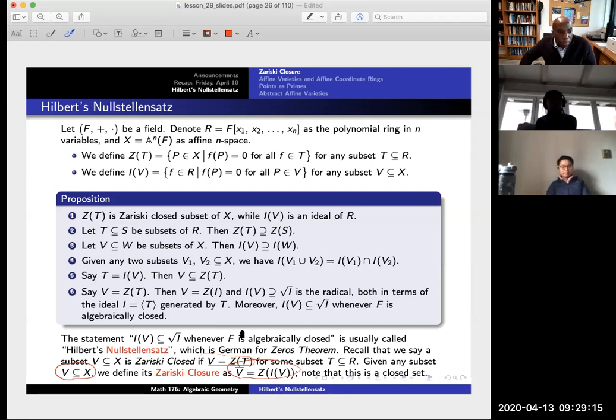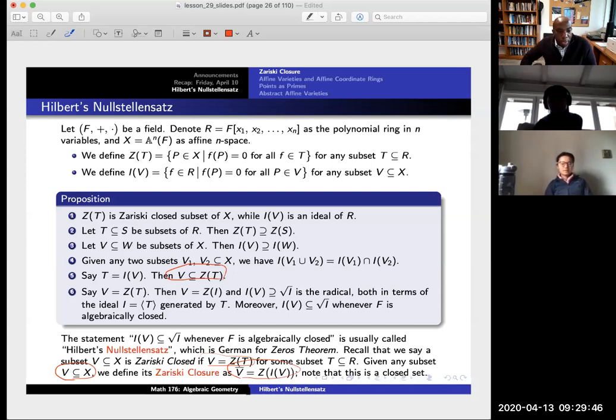So I want to bring your attention here to statement 5. This says that if I let T be I(V), then V is always contained in Z(I(V)). So the Zariski closure really is literally the smallest Zariski closed set that contains V. Again, in the homework assignment this week, I will have you work out an example of how all of this works.